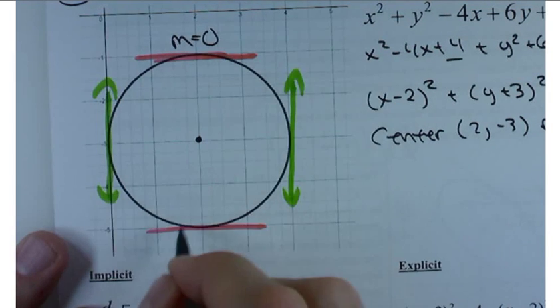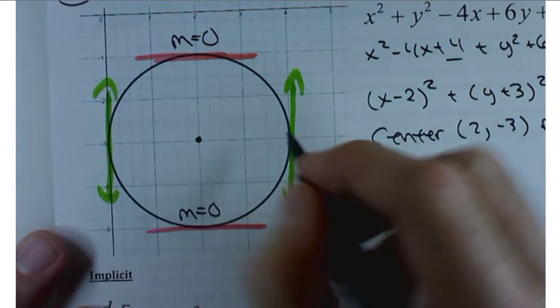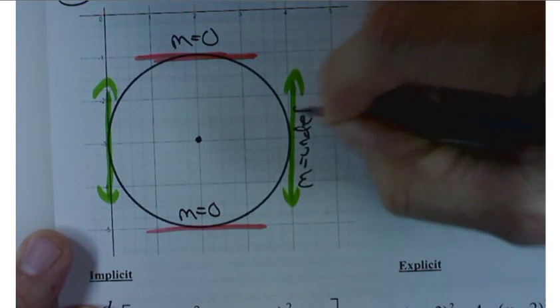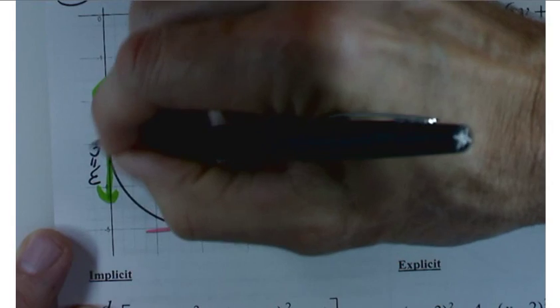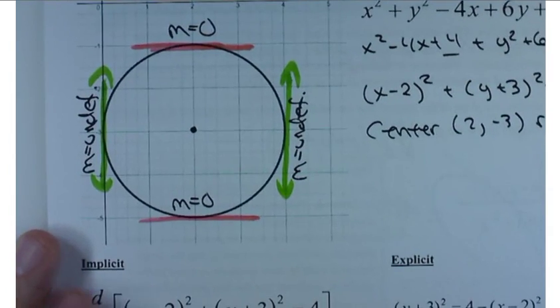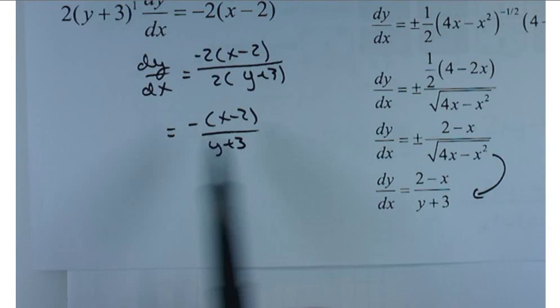In this case, 0, and in this case, undefined. But it's pretty clear, the nice correlation between that slope of the tangent line and what's going on with the derivative here. So, nice example, very nice example.